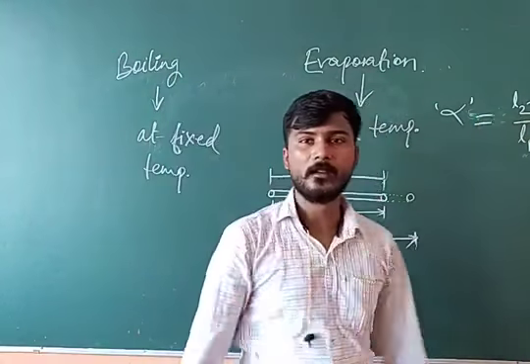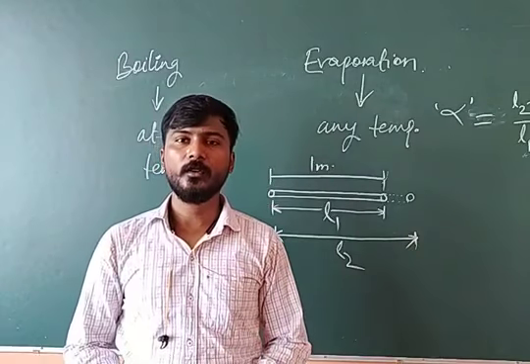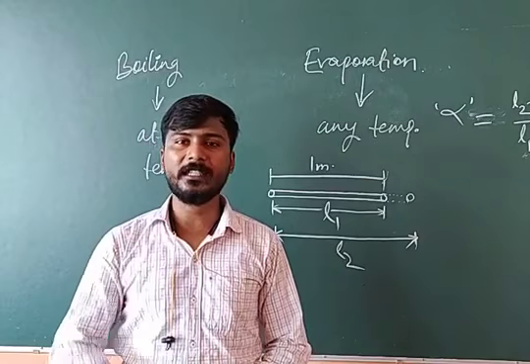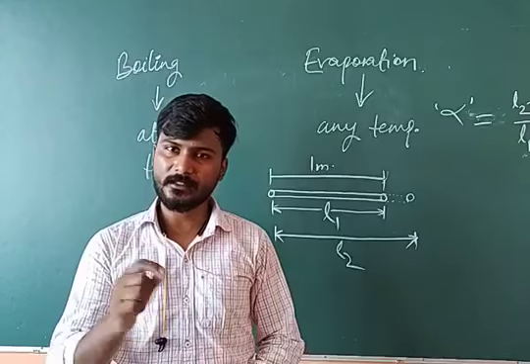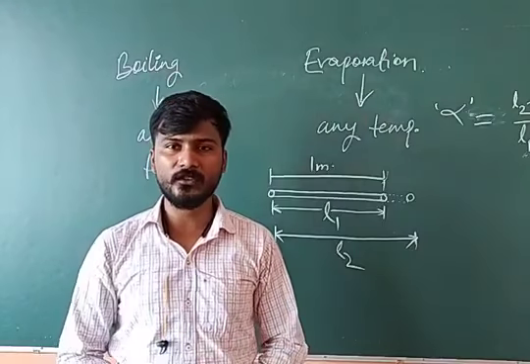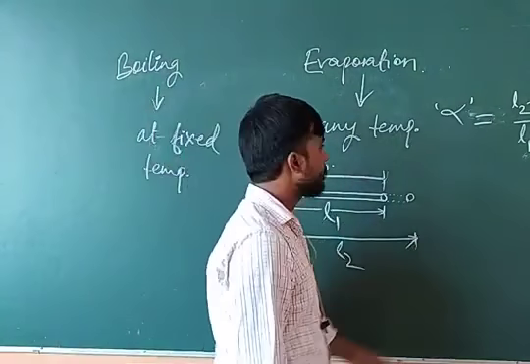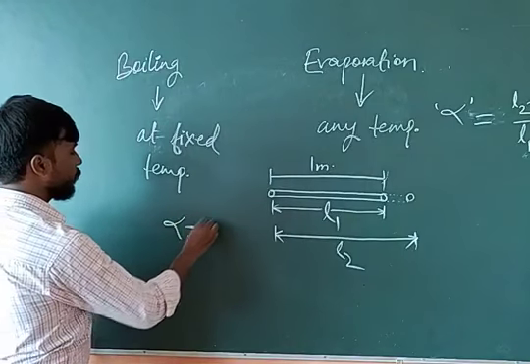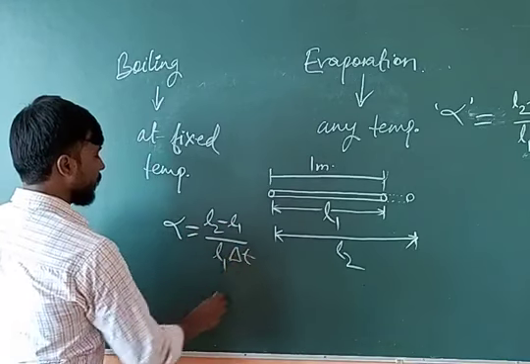Means when we supply heat to a 1 meter rod and increase its temperature by 1 degree centigrade, the change in length that occurs in the rod is known as the coefficient of linear expansion. Alpha is equal to (L2 minus L1) by L1 delta T. Here L1 is the original length.